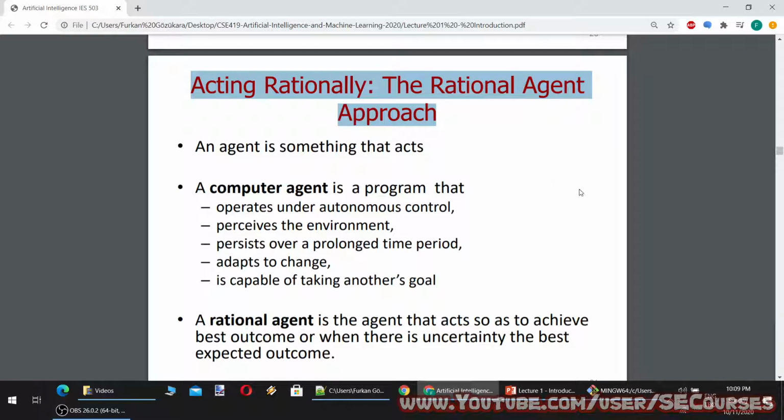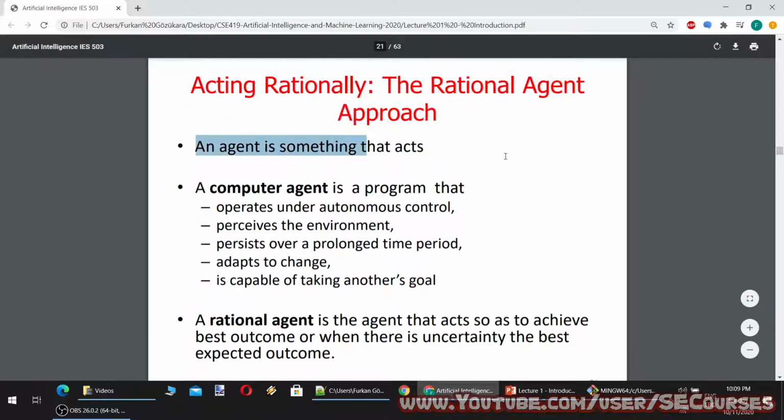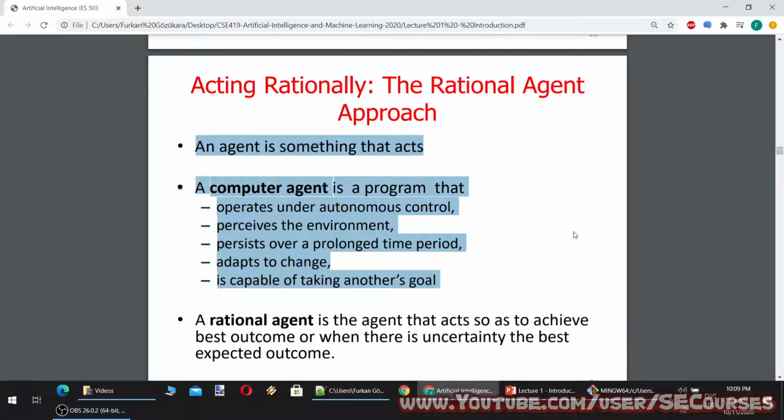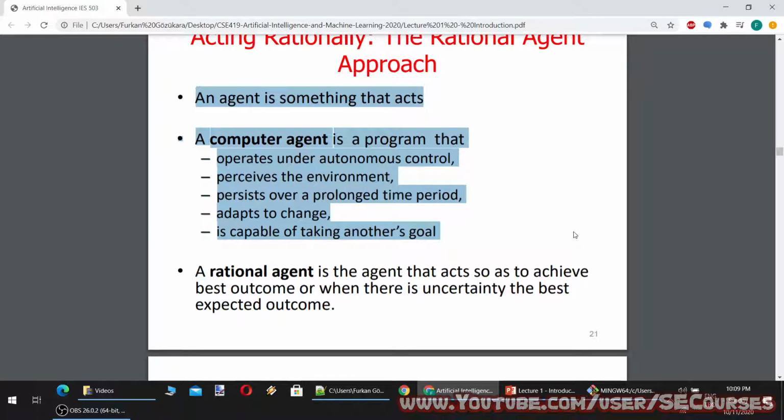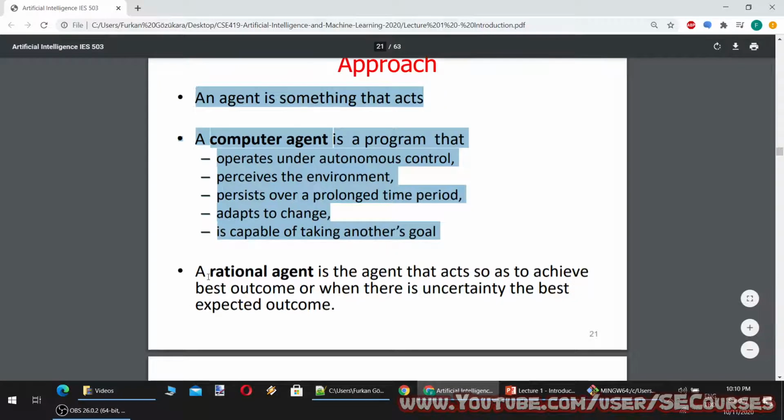Acting rationally. The rational agent approach. An agent is something that acts. A computer agent is a program that operates under autonomous control, perceives the environment, persists over a prolonged time period, adapts to change, and is capable of taking another's goal.